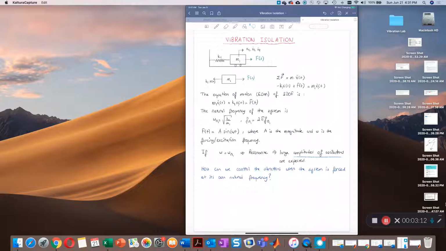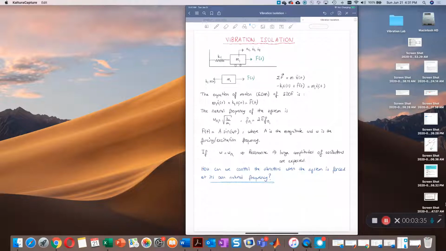large amplitudes of oscillations. With most systems, we are not going to break them, because systems, mechanisms, or machines are maybe mechanically limited. There are some mechanical constraints in the system, or there is damping that really prevents the system from breaking. My question today is, how can we control the vibrations when the system is forced at its own natural frequency?